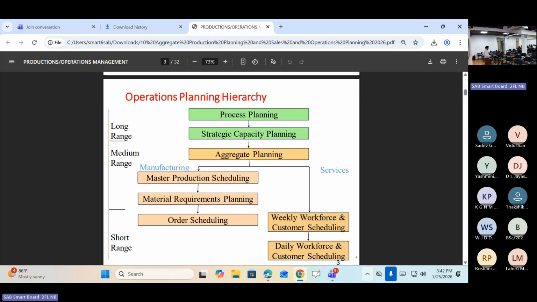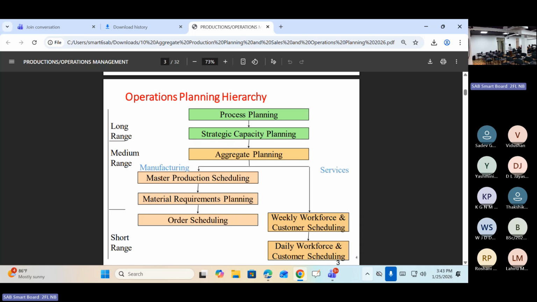Production planning. So far, the different topics we discussed in operations management were about designing an operation system: how products should be designed, how processes should be designed in an efficient manner, technology selection, process selection, layout planning, quality management steps, location planning.